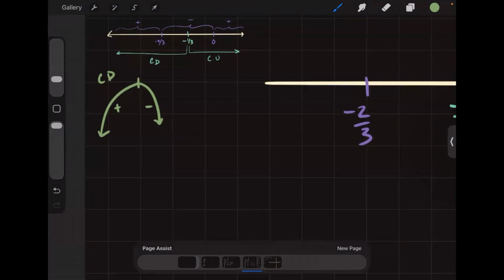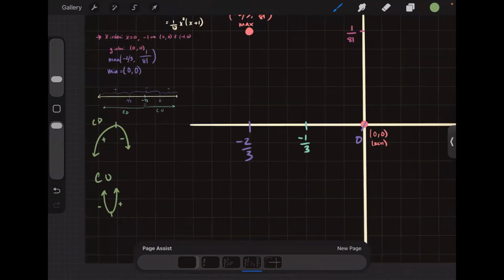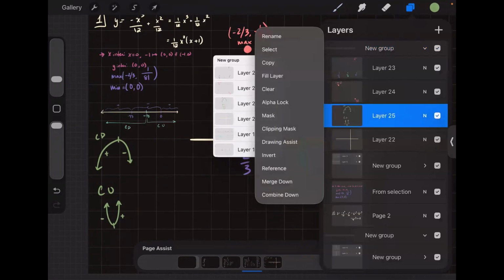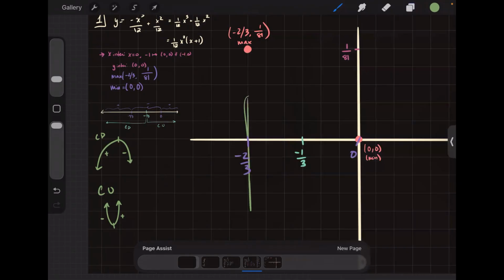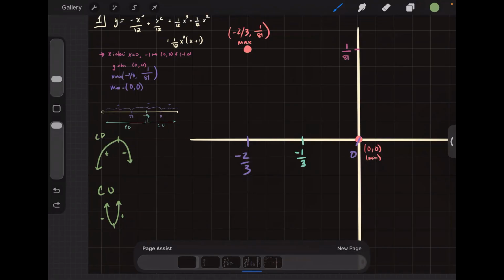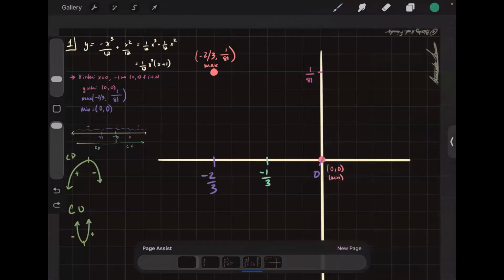Similarly, this is concave up, decreasing, and this is concave up, increasing. And up to here, we are concave down, increasing. Okay, you can do that. That's attainable, right?